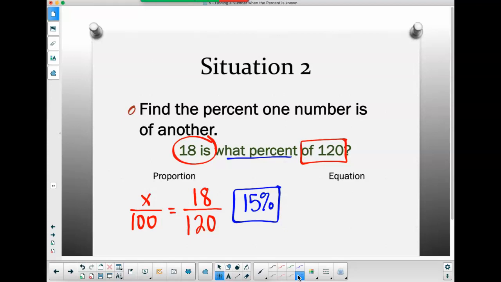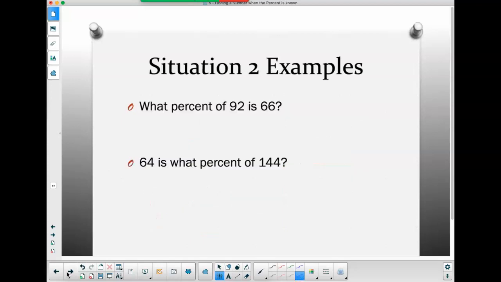Flip the page in your notepad. Let's cross off the second one again and just do the first one. I want you to try to set up the first one: what percent of 92 is 66? Those of you at home, type your answer in the chat.